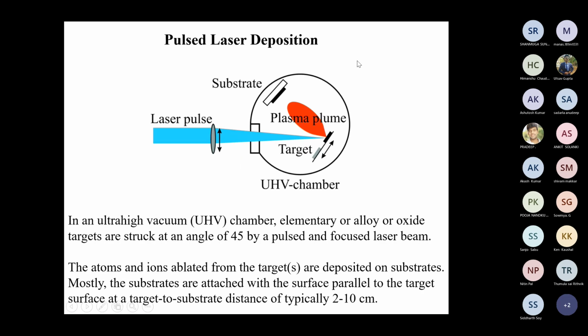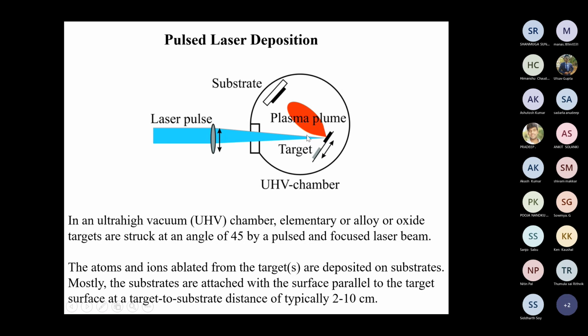Now in pulse laser deposition, what is happening? As the name itself tells, there is a laser. So a laser pulse is there. You can see that this is the laser pulse. The laser pulse will be focused by some lenses, and then the focused laser will hit this target material at around a 45-degree angle. Then from the target, vaporized atoms will come out and plasma will generate.